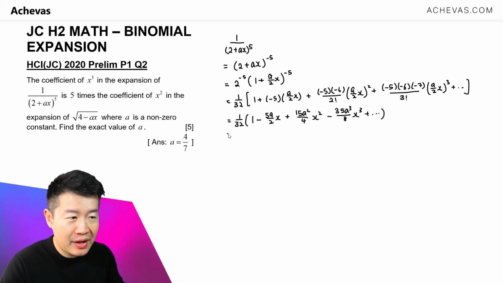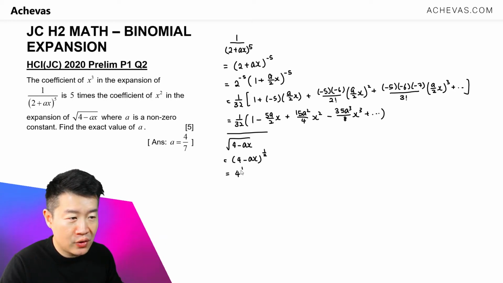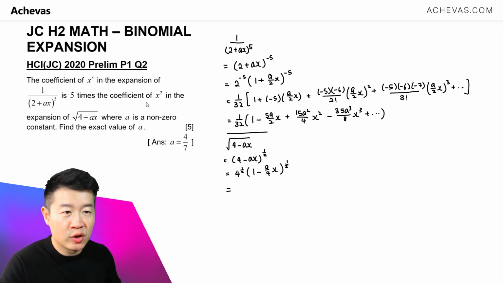Next, let's expand this, which is the square root of 4 minus ax. I'm going to rewrite this as (4 minus ax) to the power of half. To make the first term here 1, we will factorize out 4. So 4 to the power of half, and we will have (1 minus a over 4 x) to the power of half. And this time round, we are going to be extracting out the coefficient of x to the power of 2.